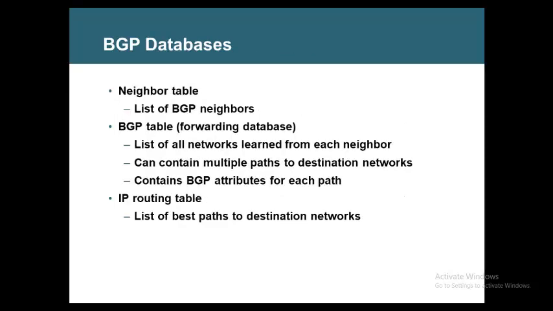Now this is a new page. We stopped on the previous page in the previous class. There are three types of tables. Neighbor table will have a list of BGP neighbors configured and established. BGP table will have a list of all the networks learned from every neighbor.